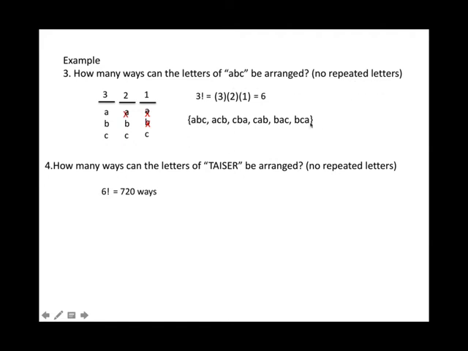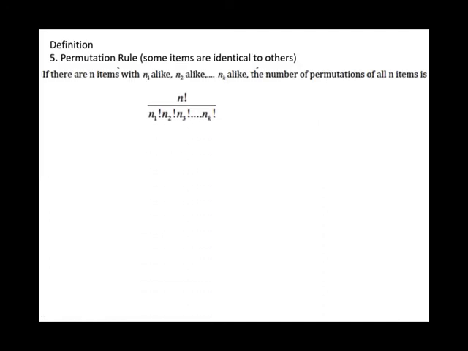No repeated letters, so we could just count how many letters we have and use the factorial. This rule is for questions like example 7. How many ways can you rearrange the letters of SUCCESS? In this example, you could see I do have repeated letters, so we have to apply the permutation rule.